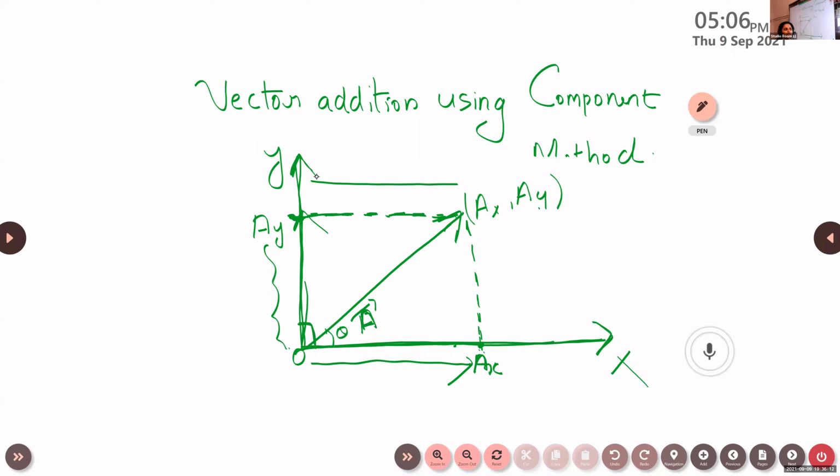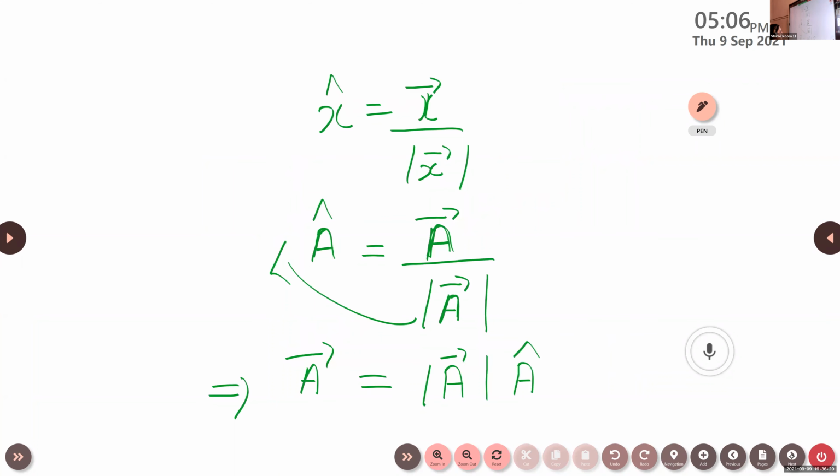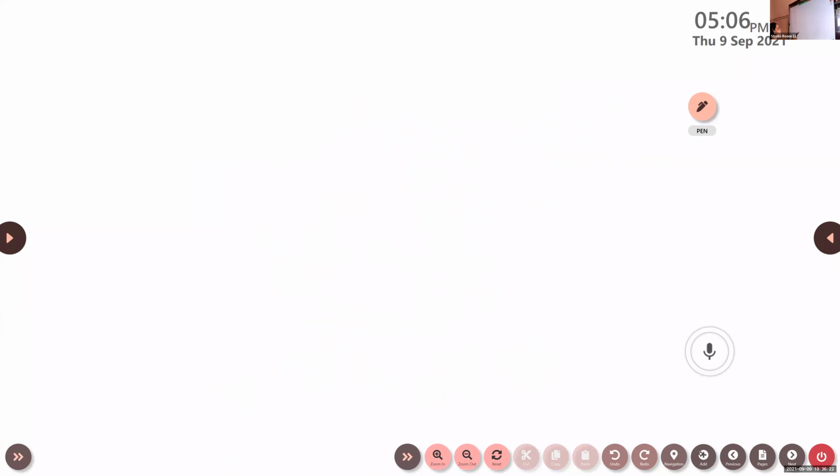Do you remember the unit vectors corresponding to x, y and z-axis? Any idea? What is the unit vector corresponding to the x-axis? Very good, it is i cap. Good.